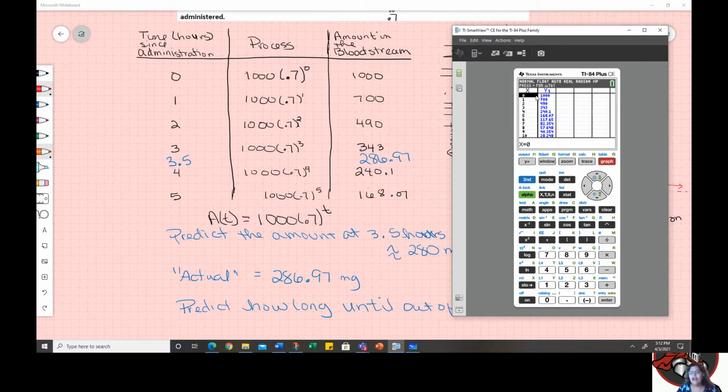Here are our values so far. 3.5 is not on here because it's only counting whole numbers for our x-axis. We see it went down 1,000 to 700 to 490 to 343. And if we just keep going down, you notice it's continuing to get smaller and smaller. And at 20 hours, now it's actually below 1 milligram.